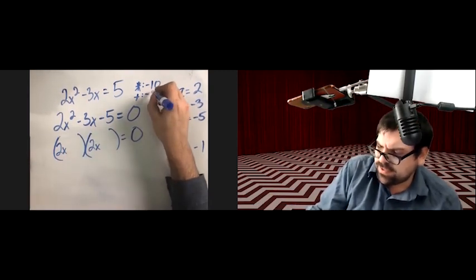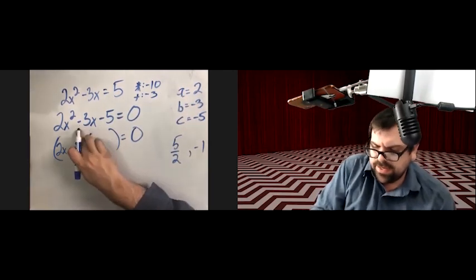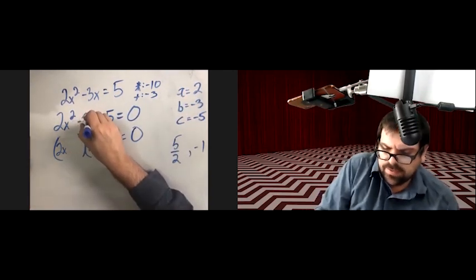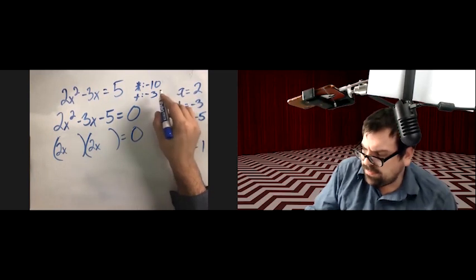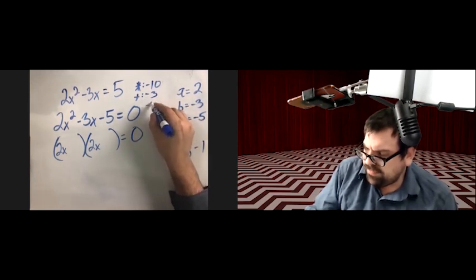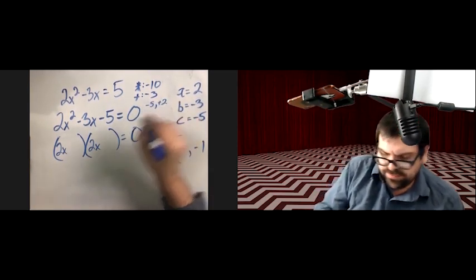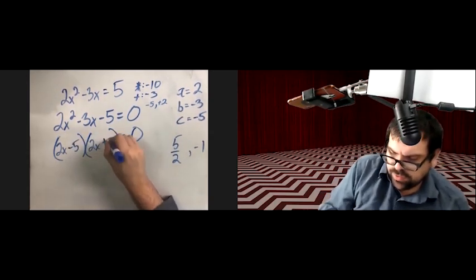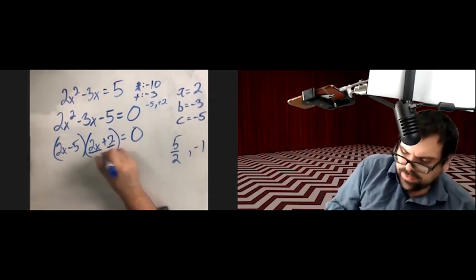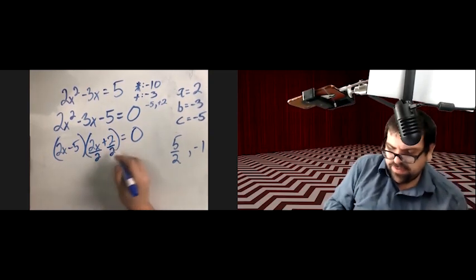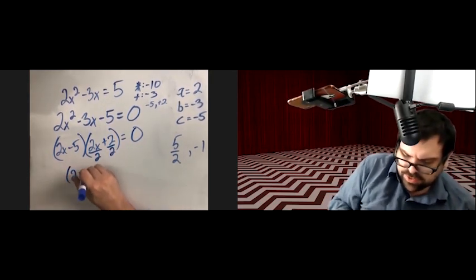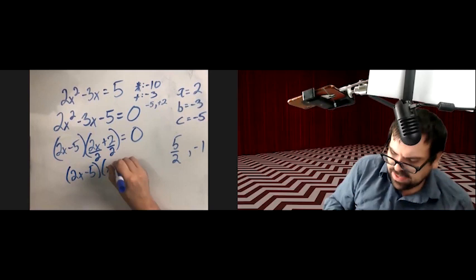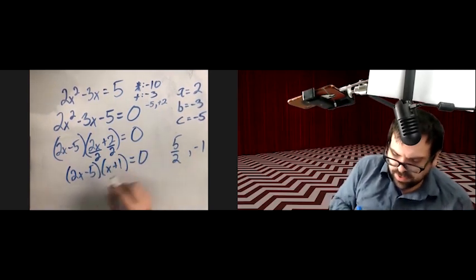I was going to say that's not going to work. Add to -3. That's going to be -5 and +2. Airplane method finishes off by dividing where we can. So 2x minus 5 times x plus 1 equals 0.